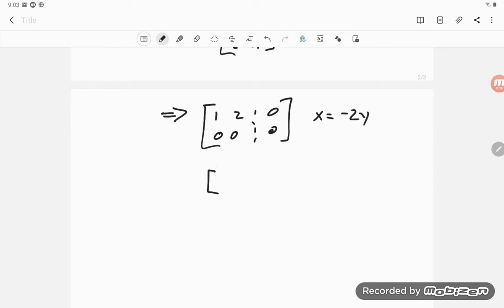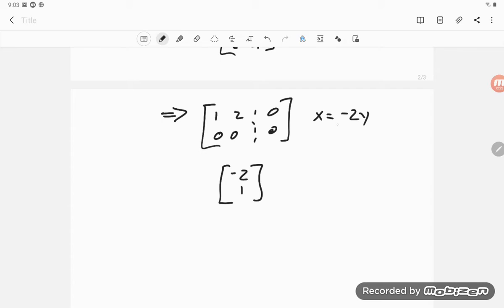Now, let's see, I need to make that taller. Whoops. So I end up with this vector, what is it, -2, 1, right? If y is 1, then x would be -2.